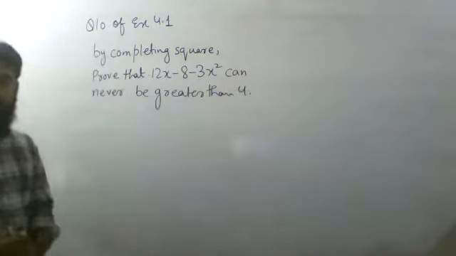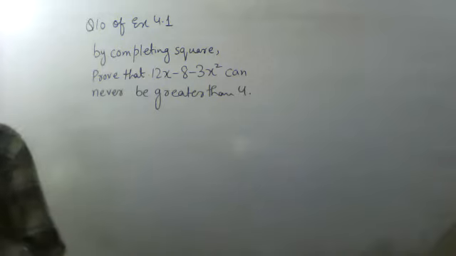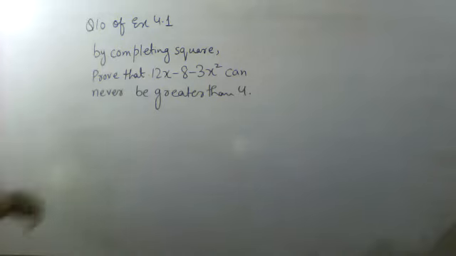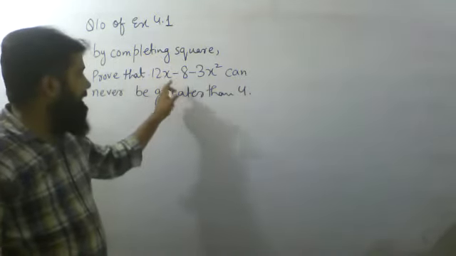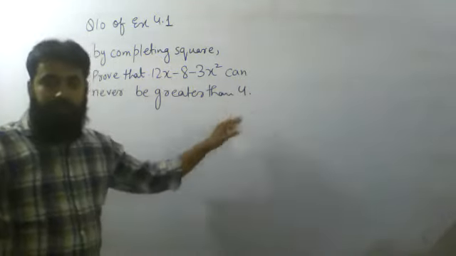Okay, this is the thing which I have to find. They are saying that you have to find by completing a square form. I have to show that this thing will not be greater than 4.